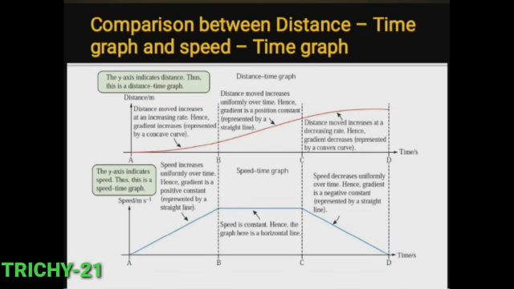So here the gradient is negative. So from A to B, car accelerates uniformly from rest. Then from B to C, car moves at constant speed. Then from C to D, car decelerates uniformly to a stop.